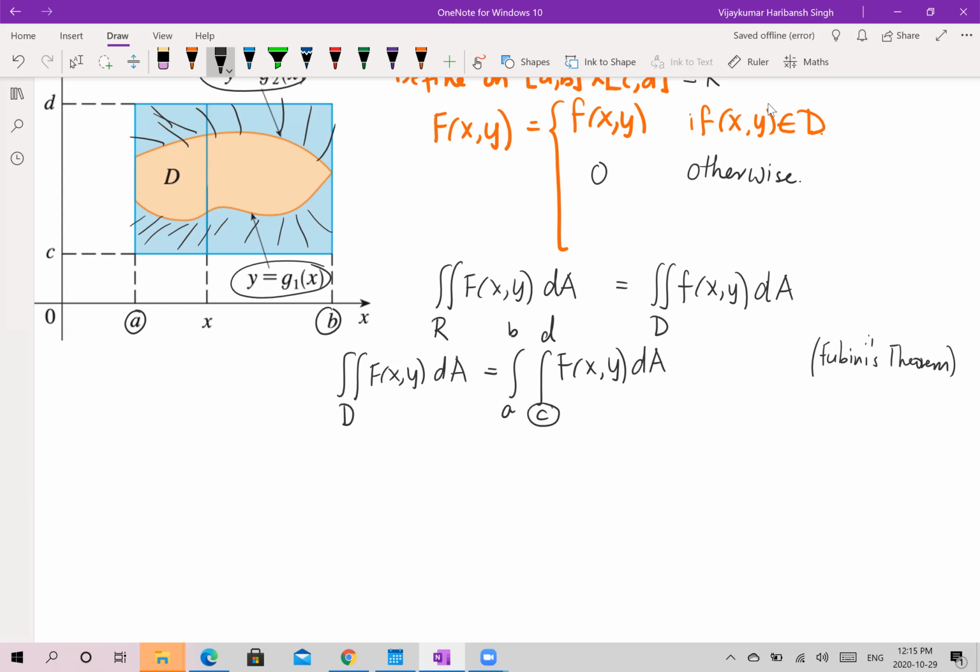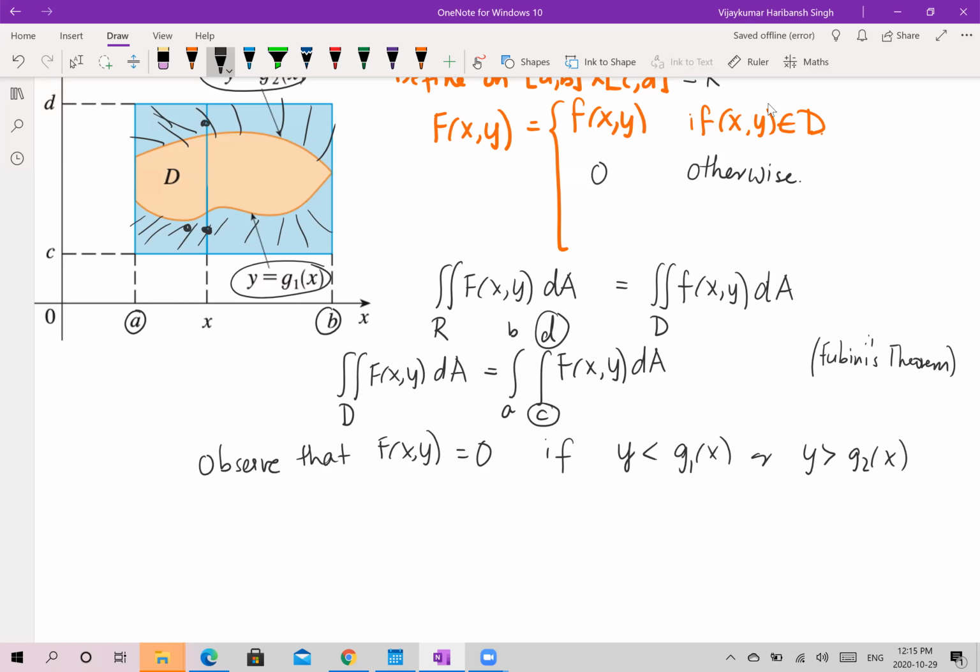Now note the following. In C to D, observe that your f of xy is essentially 0 if your y is either less than g1 of x or y is greater than g2 of x, right? So that's one.